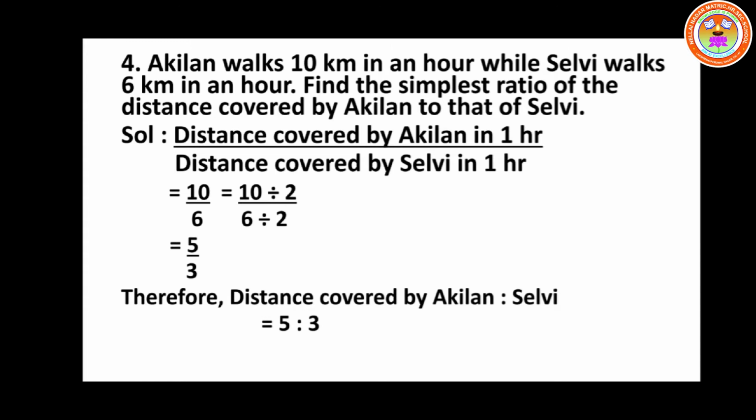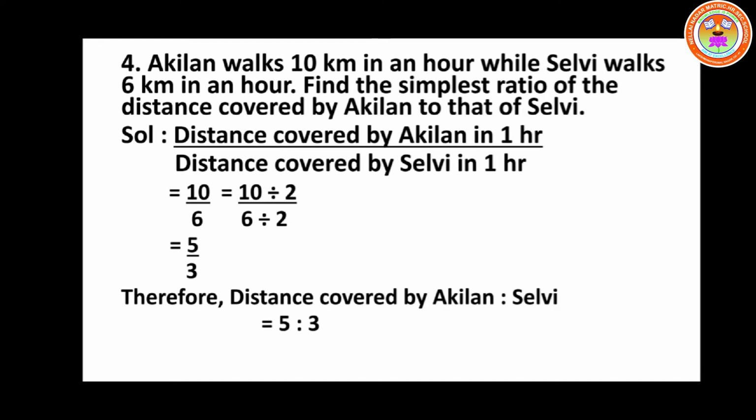Listen to the question. Akilan walks 10 km in an hour, while Selvi walks 6 km in an hour. Find the simplest ratio of the distance covered by Akilan to that of Selvi. Already in the previous class I have explained about the ratio, children.